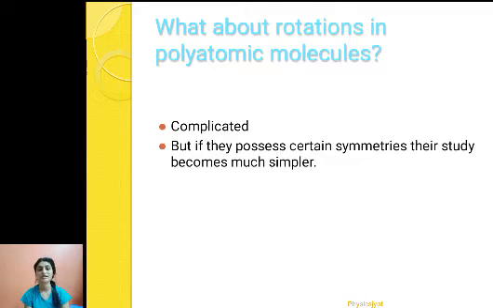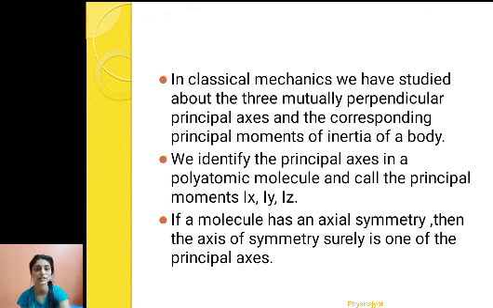When we try to study rotations in polyatomic molecules, the behavior is complicated. But if these molecules possess certain symmetries, their study becomes very much simpler. So what we have to study today is the symmetries possessed by different types of molecules.